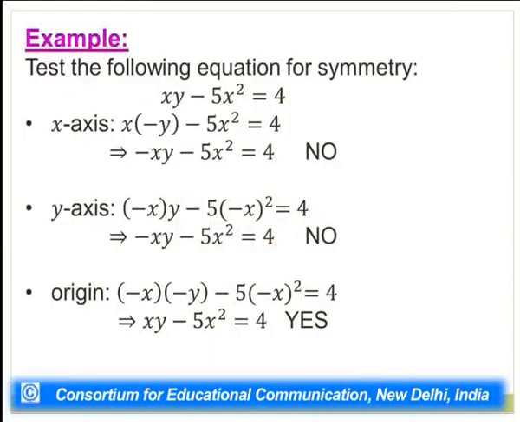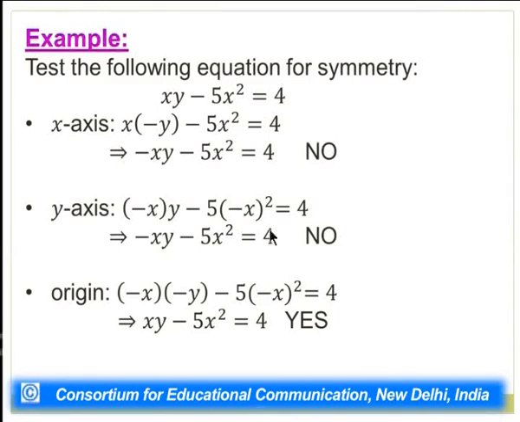So let's run through this example where I've given you this equation x times y minus 5 times x square is equal to 4. Let's test this equation for symmetry about the x-axis, symmetry about the y-axis, and symmetry about the origin. If you remember, we said a curve is symmetric about the x-axis if the equation of the curve remains unchanged if you were to replace y by minus y.